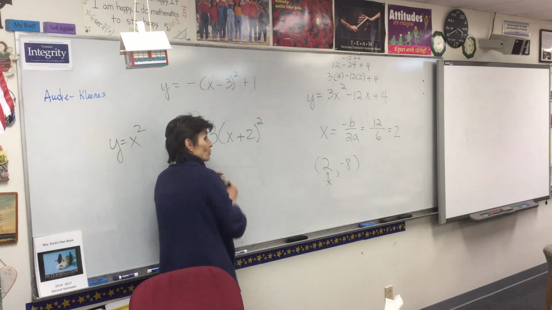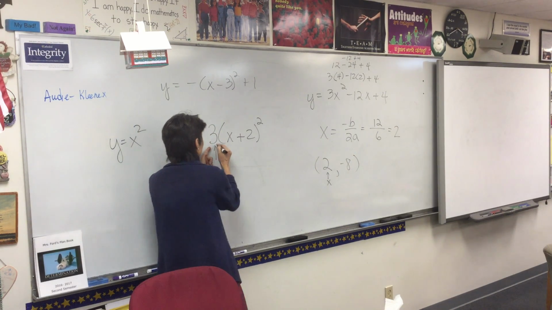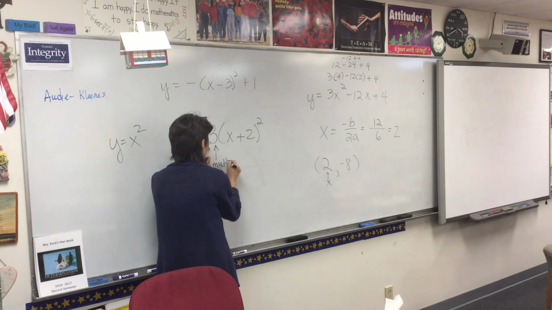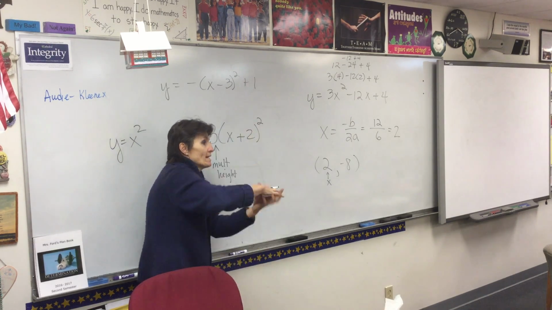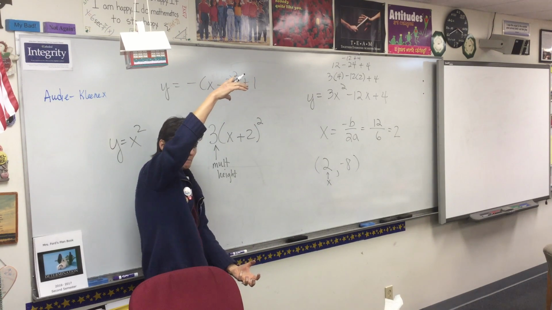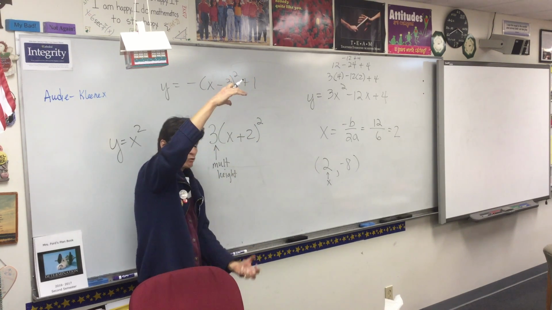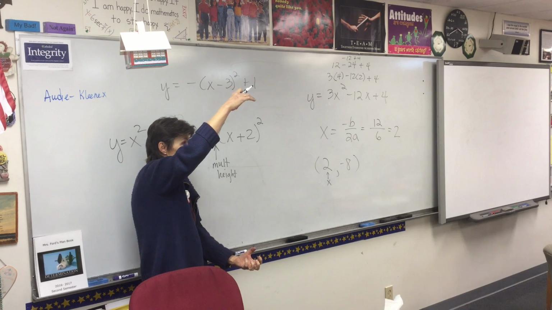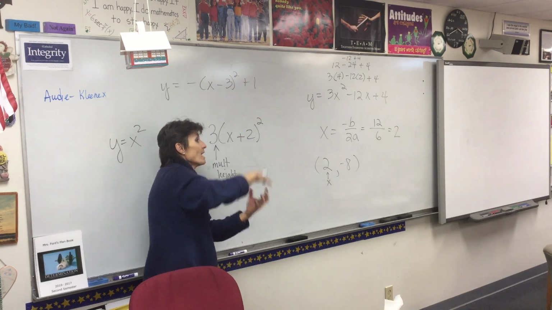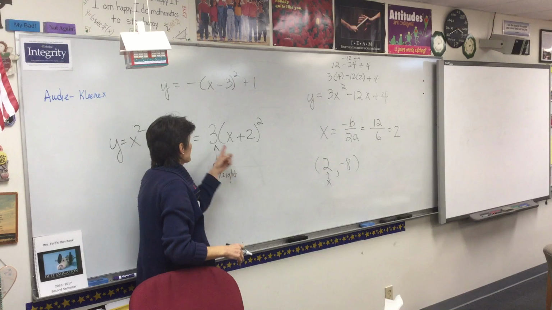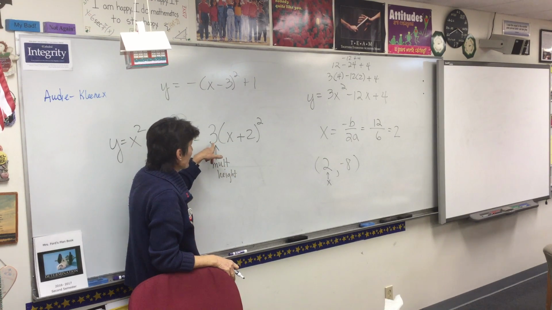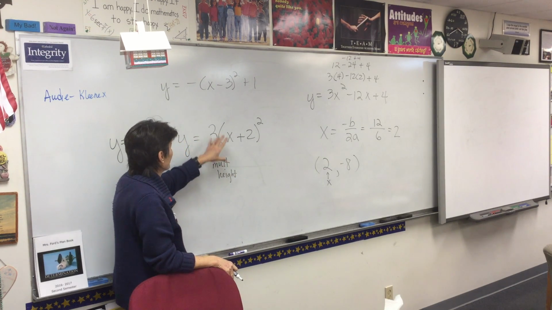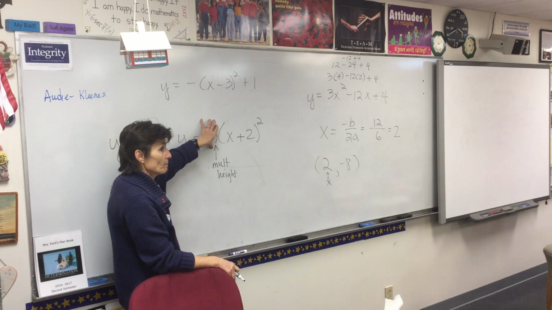It is 3. This number right here multiplies the height. So it's a vertical stretch. Multiplies the height. Makes the height taller. To do that, you always put the multiplier out in front of the problem.